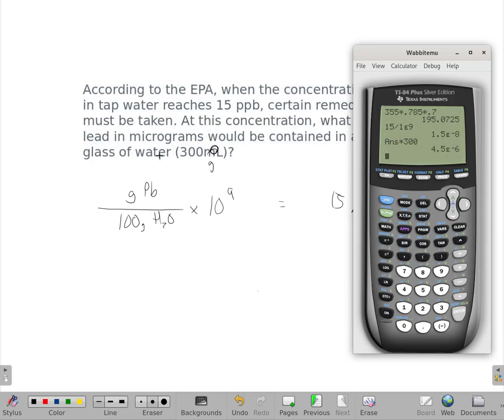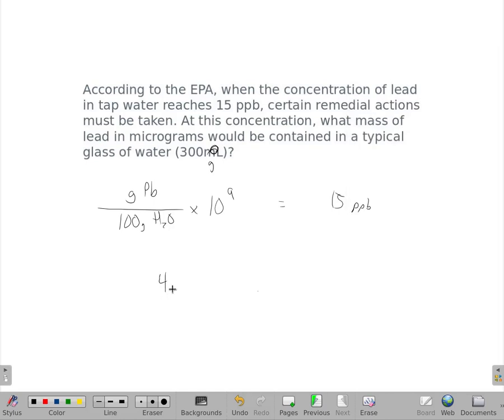Now it did ask for micrograms, so to turn this into micrograms, we're going to multiply that by 1 times 10 to the 6th, because there's a million micrograms in a gram. I see that that is 4.5 micrograms. That's all that's in those 300 grams of water.